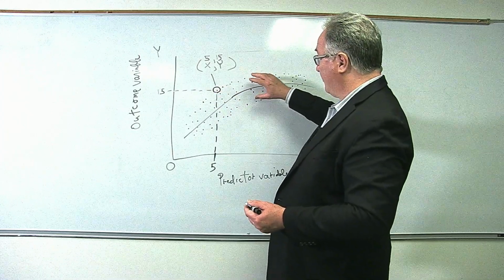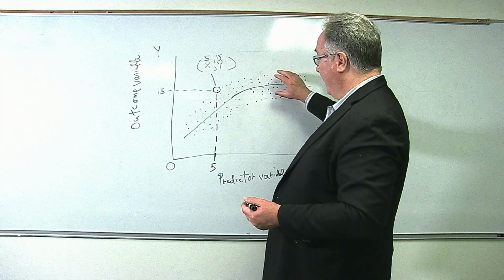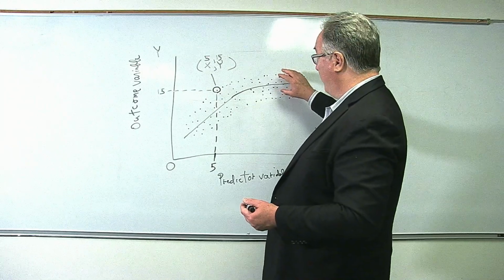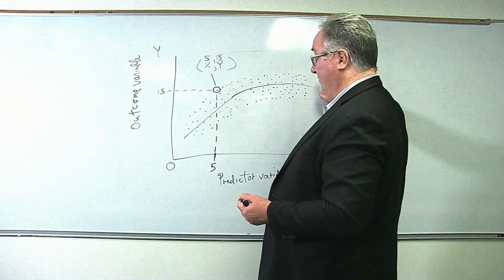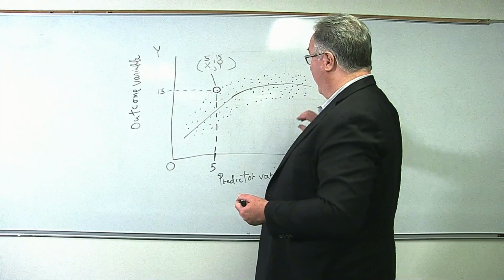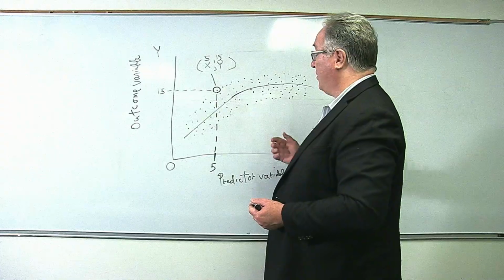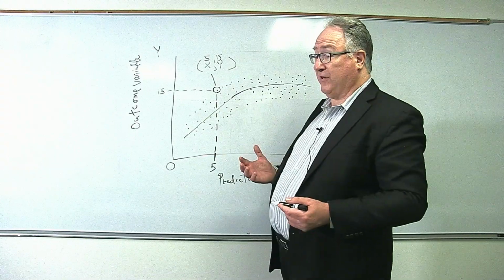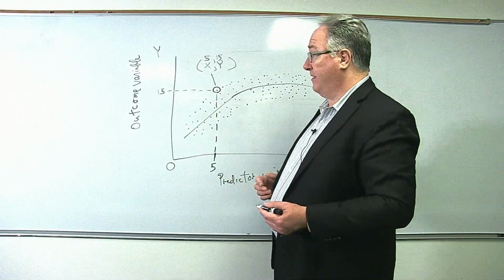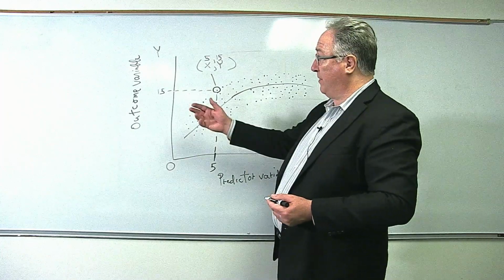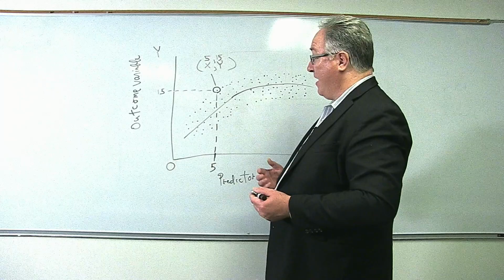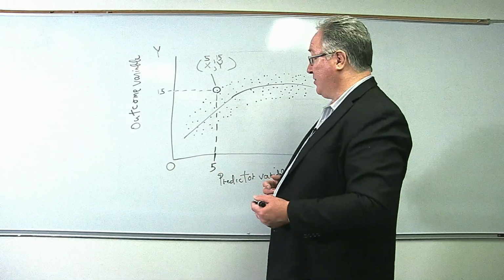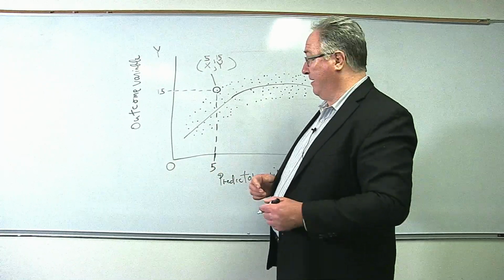But then at some point that starts to level off, so you get continuing increases on the predictor variable, but the values on the outcome variable level off. That's an example of a curvilinear relationship, specifically called a quadratic function, and that would not be a linear relationship, so that would violate the linearity assumption.